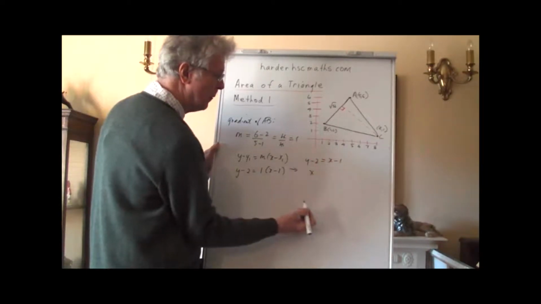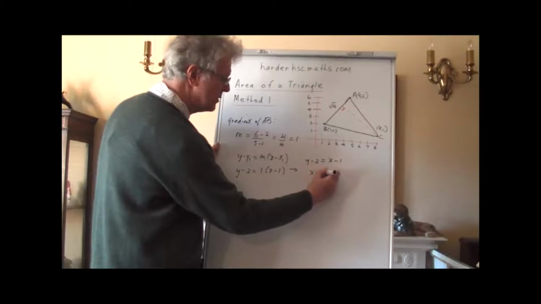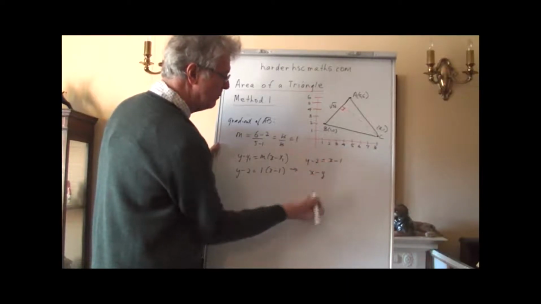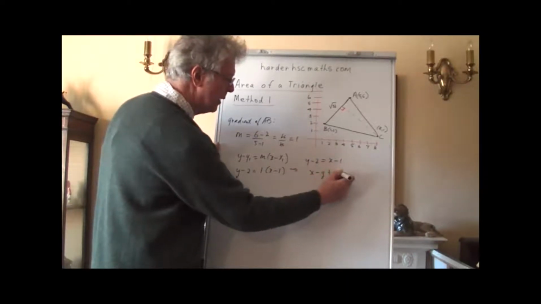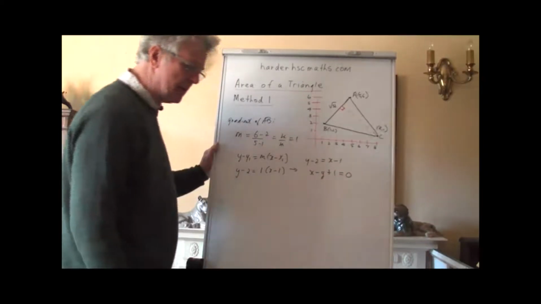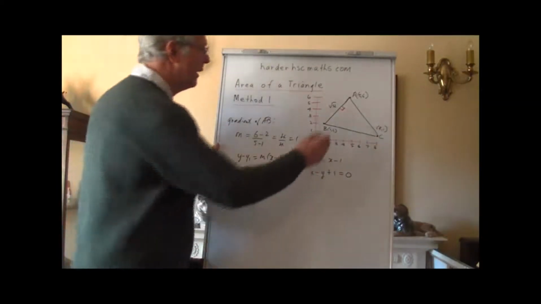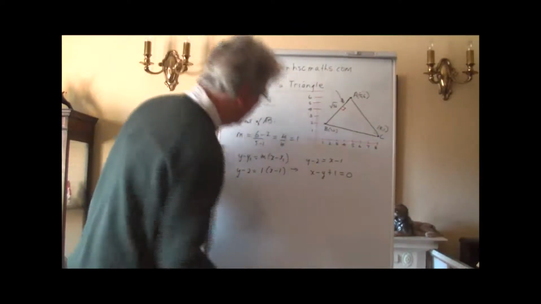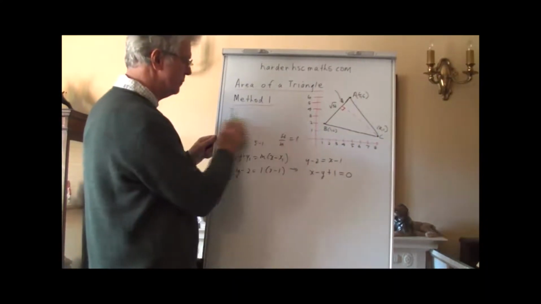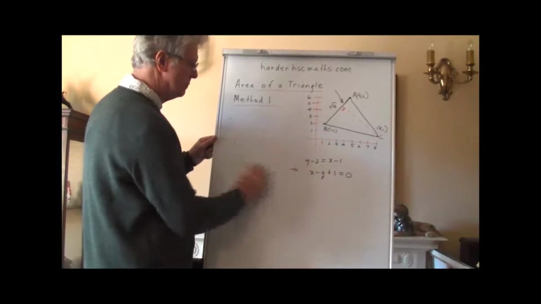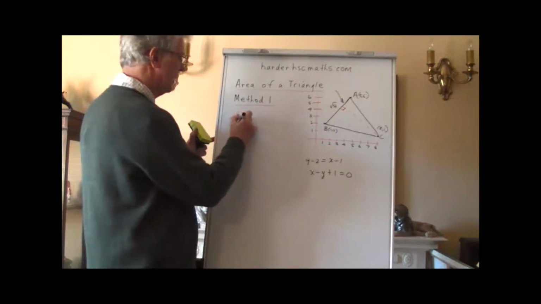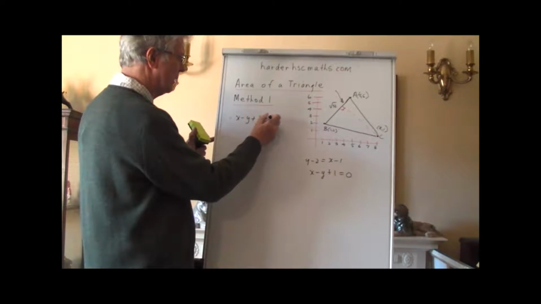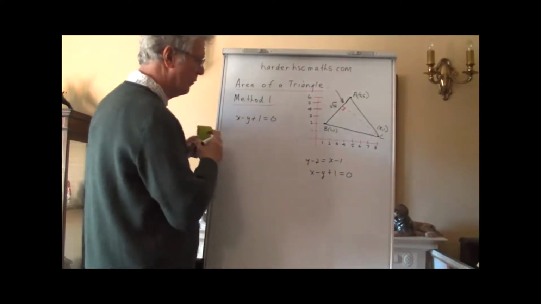Putting it in general form, that becomes x minus y, take the minus 2 across, plus 1 equals 0. So now I've got the equation of this line AB in general form. I'll just put this up here: x minus y plus 1 equals 0 in general form.